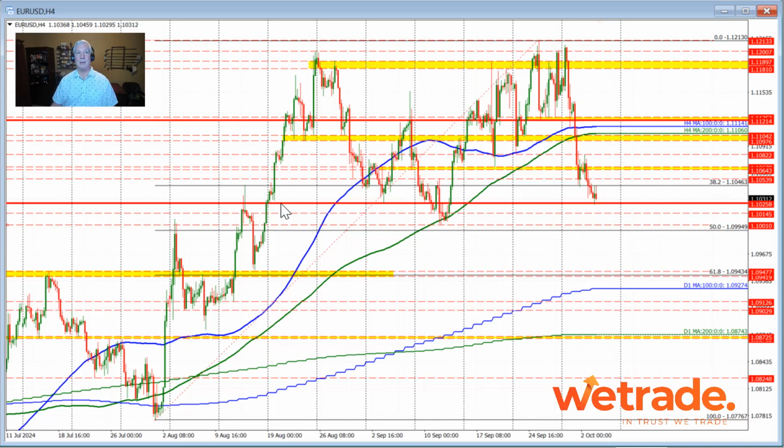So right now we're ping-ponging between this swing area at 1.10258 and the 38.2% retracement at 1.1046 as the market consolidates the sharp declines that we've seen this week for the euro versus US dollar.